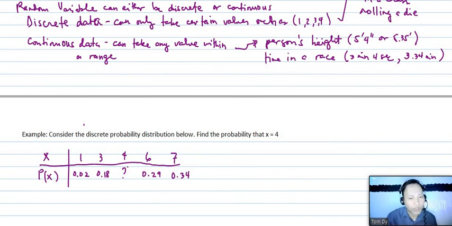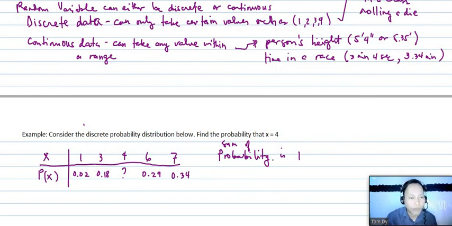When we solve this, take note that the sum of the probabilities is equal to 1. So we have to add all these values of the probability of x.